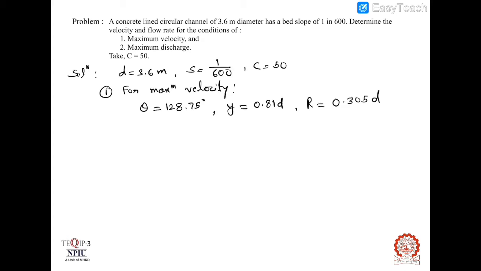Now let's find the depth of flow. Y is equal to 0.81 times of D. Diameter is 3.6, so it will give you 2.92 meter.